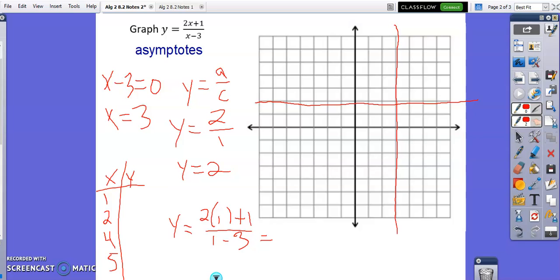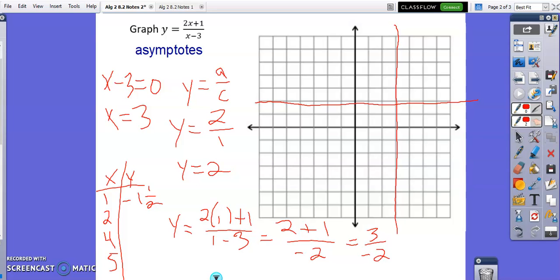So up top that's 2 times 1 is 2 plus 1, and in the bottom 1 minus 3 is negative 2. 2 plus 1 is 3. And then over negative 2, that's like negative 1.5.